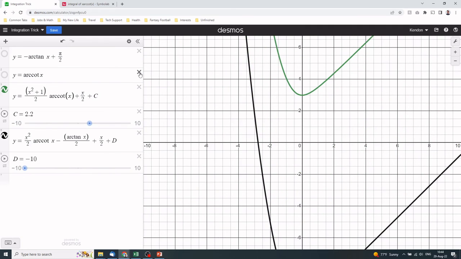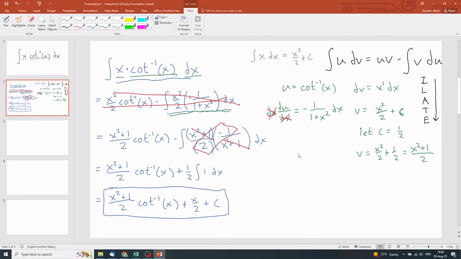I found that arc cotangent of x is the same as negative arctan of x plus pi over 2. You can see that if I turn both of these on, they are the same function. So that's why the answers look a little bit different, but they are in fact the same.